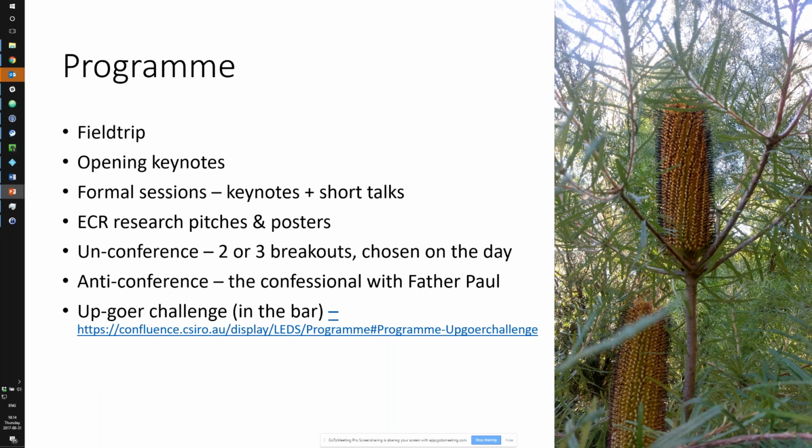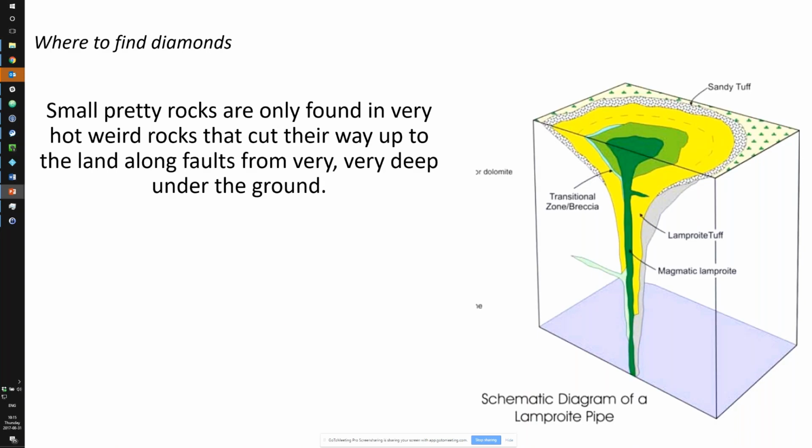We also finished off the meeting with an upgoer challenge in the bar. This picked up on a session which I think has run at least 1, maybe 2 years at AGU now, where the requirement is that you make a presentation describing a technical topic using only the 10-100 most used words in English.